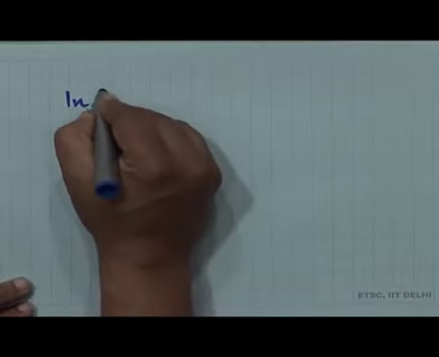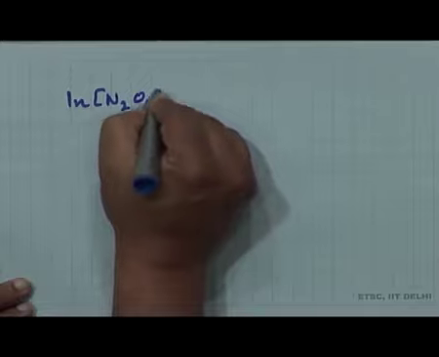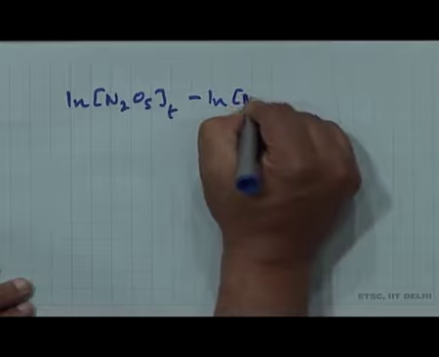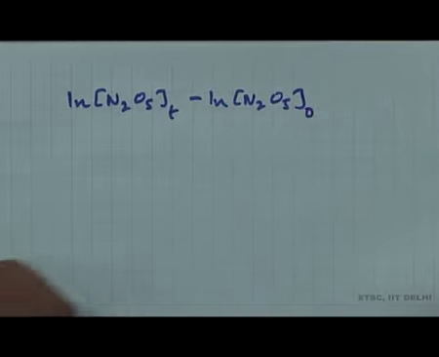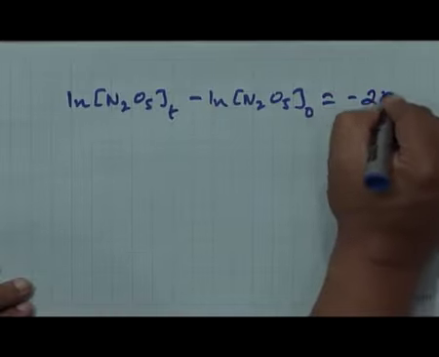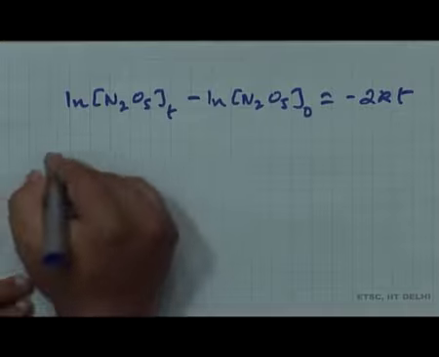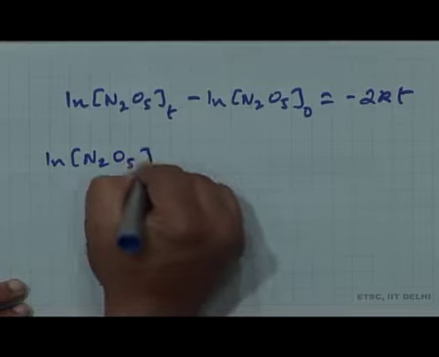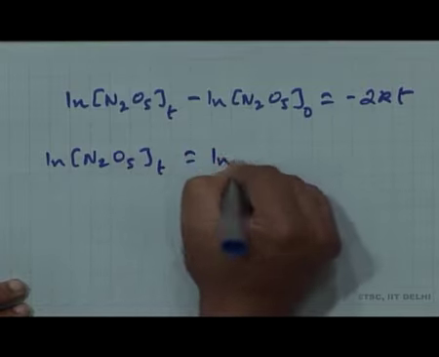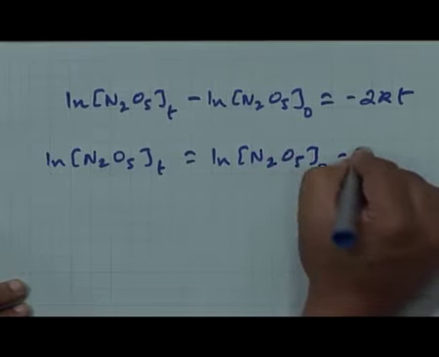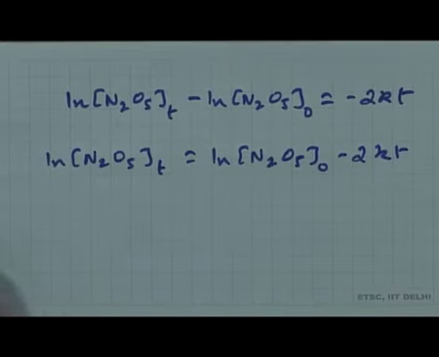So I will write straight away natural log N2O5 at t minus natural log N2O5 at 0 is equal to minus 2 K t, or ln N2O5 at t is equal to ln N2O5 at 0 minus 2 K t, right.